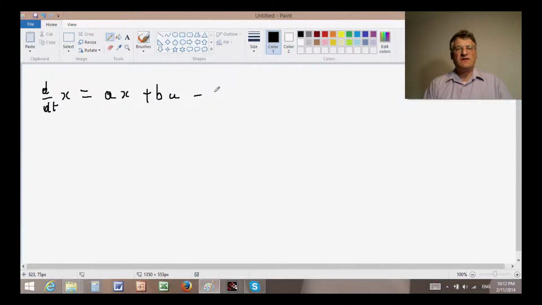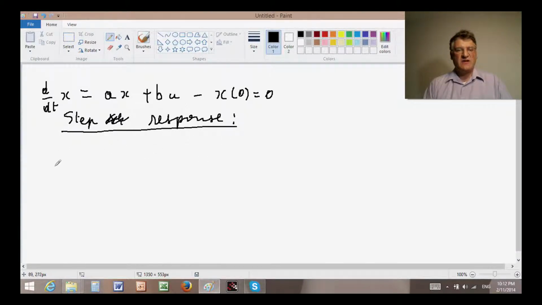We set x(0) equal to 0, and as I said, we study the step response. The step response will be satisfying d/dt of x equal to ax plus b with x(0) equal to 0.